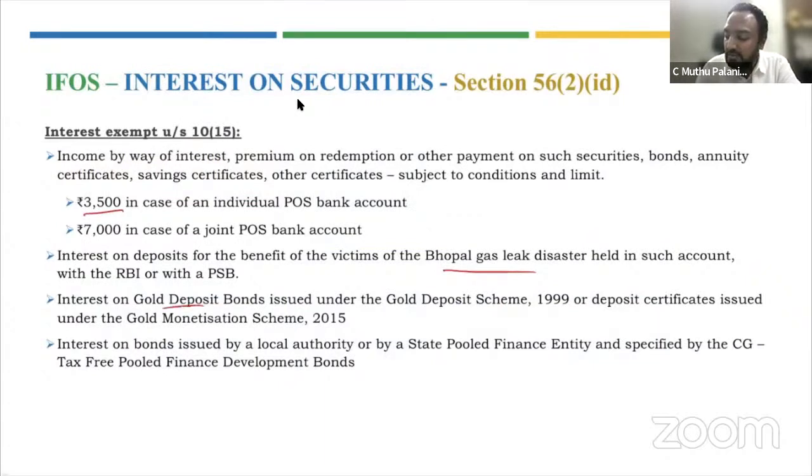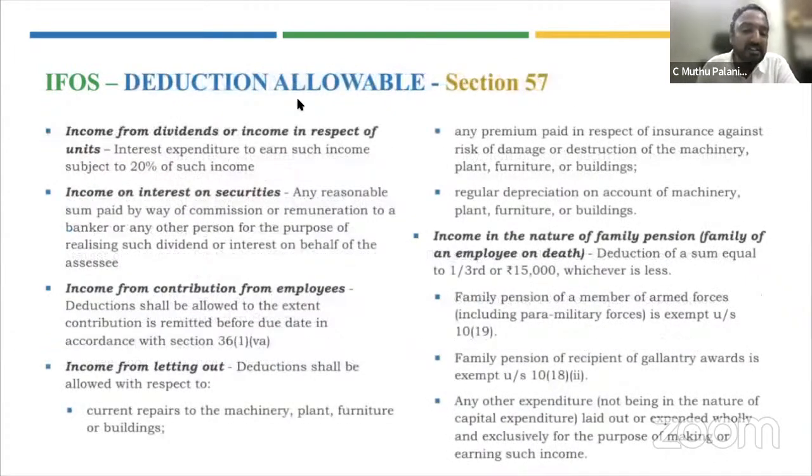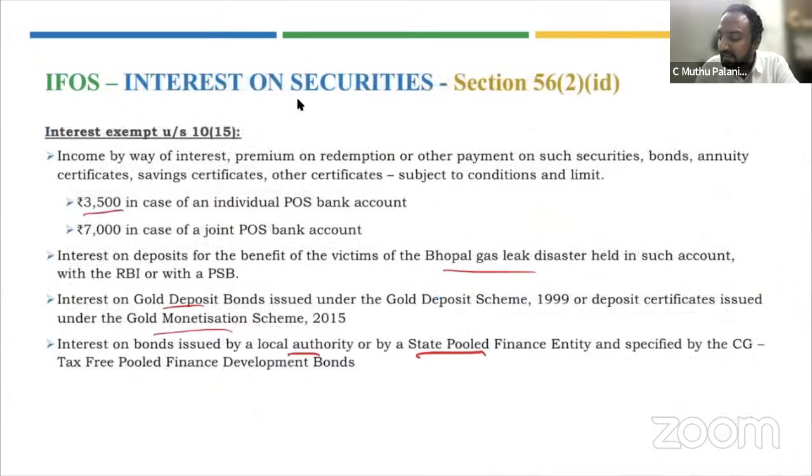Interest on gold deposit bond or gold deposit scheme, anything related to gold, the word gold comes, it is not taxable. Interest on bond issued by local authority, state pooled finance ability, tax-free pooled finance development bonds, if you receive any interest from these bonds, it is also not taxable. All these interests are exempt under section 10(15). So these are the interests that you have to keep in mind.